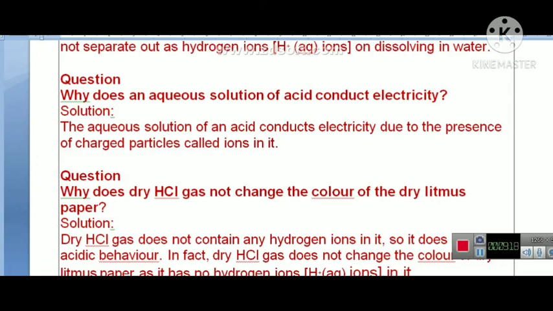Why does an aqueous solution of acid conduct electricity? The aqueous solution of an acid conducts electricity because when the acid is added to water, it dissociates and forms H plus ions. They separate into H plus ions and therefore are able to conduct electricity.